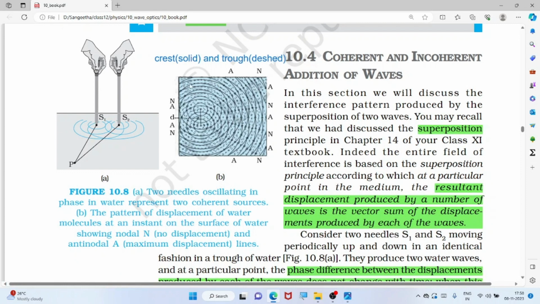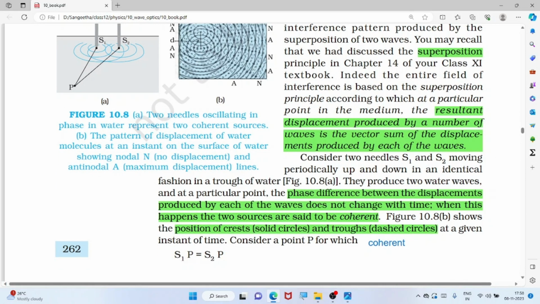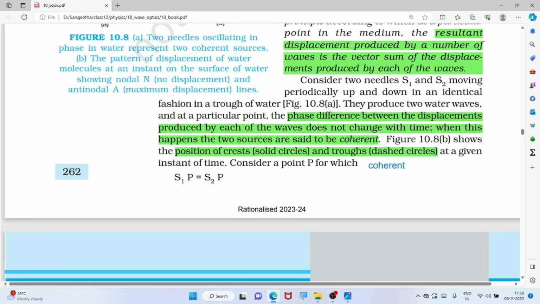Okay, in these waves from sources, interfering waves, there is a crest represented by the solid circle, and a trough represented by the dashed ones. Crest and trough. So using the superposition principle, the phase difference between the displacement produced by each of the waves does not change over time.